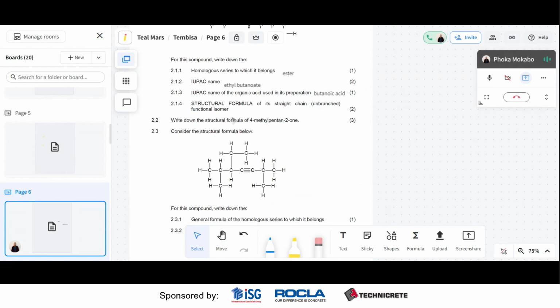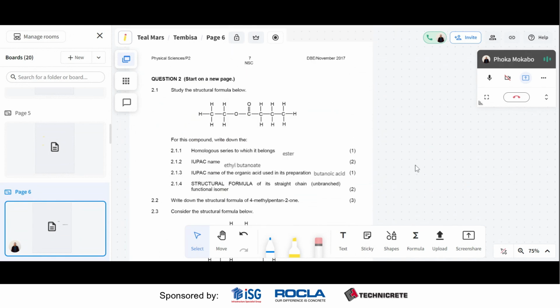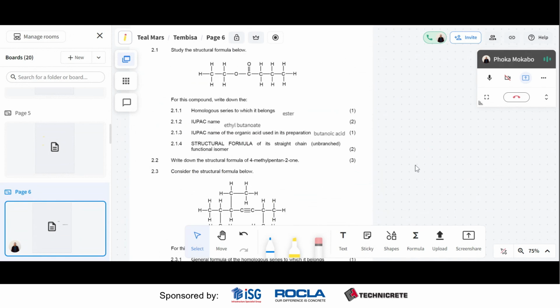Then the structural formula of its straight chain unbranched functional isomer. Okay. So when it comes to functional isomers, we are specifically looking at either aldehydes and ketones, which is the first type of functional isomer pairs, or we're looking at carboxylic acid and ester, which is the other type of functional isomer that you can get.